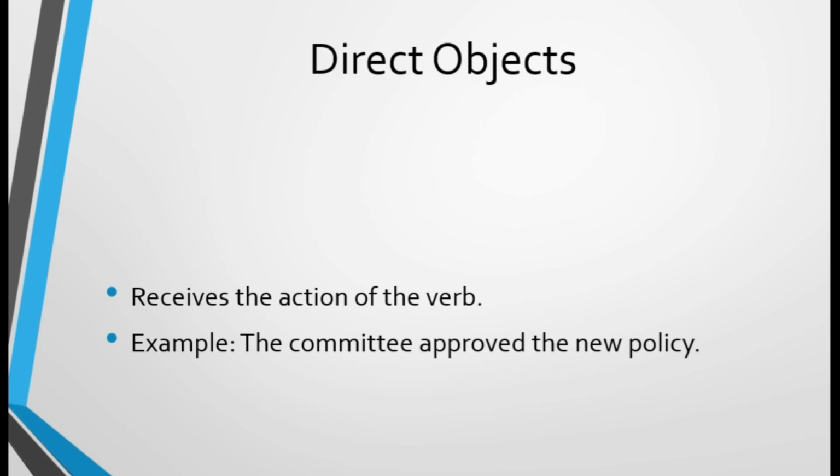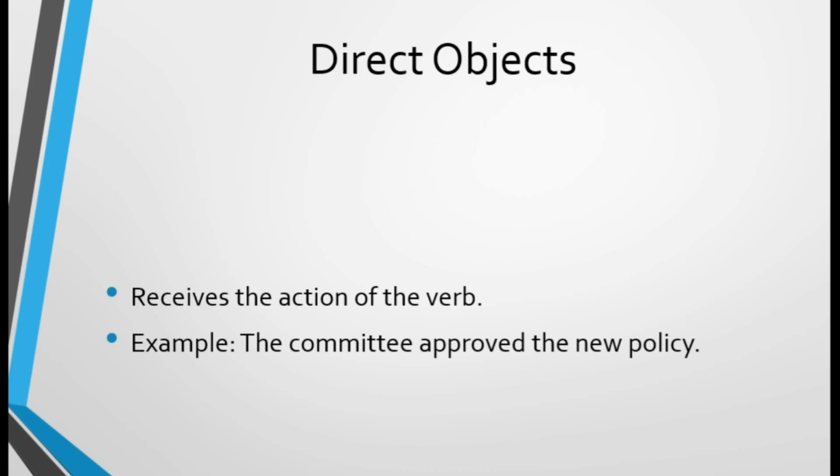As we can see in the example, the committee approved the new policy. If we ask ourselves what did the committee approve, we'll find that the answer is policy. So that's the direct object that received the action of the verb.